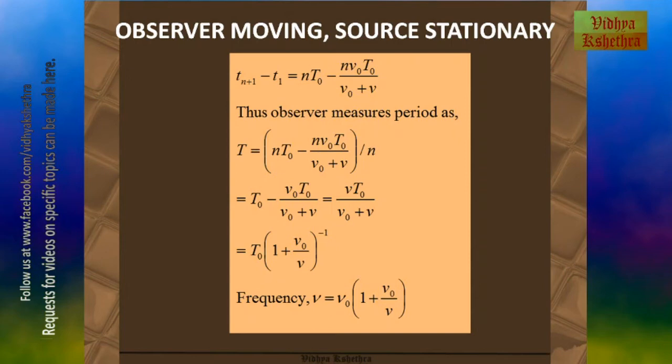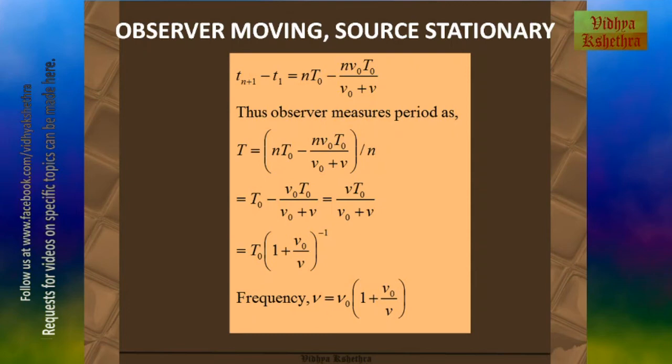Thus, observer measures period as t is equal to (nt0 minus (nv0 t0) by (v0 plus v)), the whole divided by n. This on simplification becomes t0 into 1 plus v0 by v, the whole raised to minus 1.